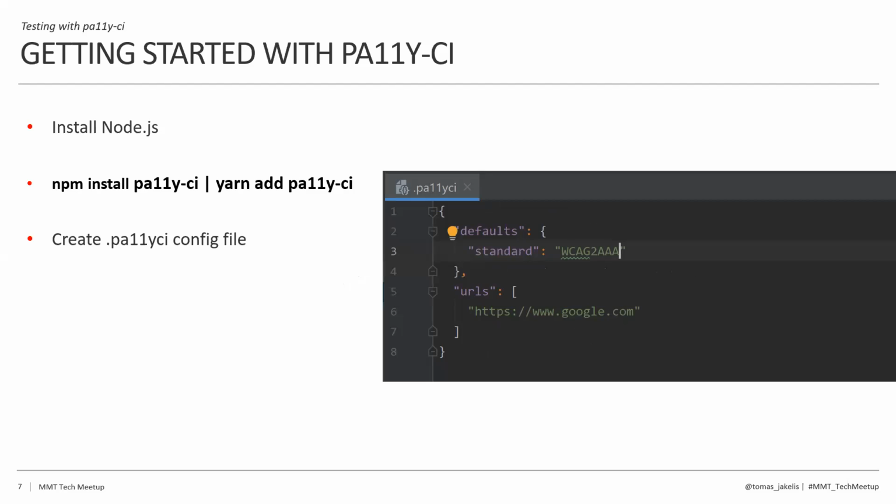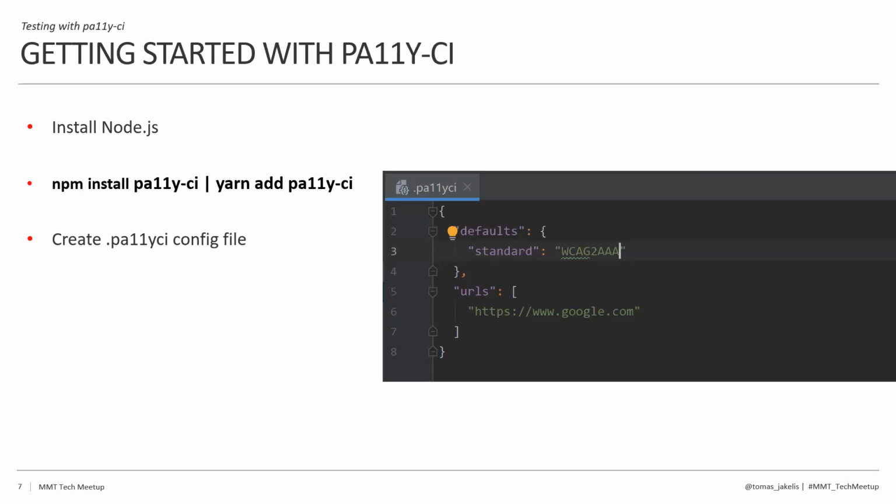So to get started with Pa11y CI, as I think everyone knows, we will need Node.js installed. Then we can use npm or yarn to install Pa11y CI itself with just a single command, and then we just add a config file so Pa11y CI knows what to do and how we want it to run.